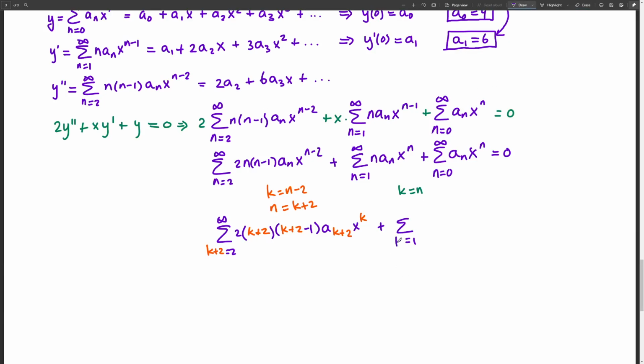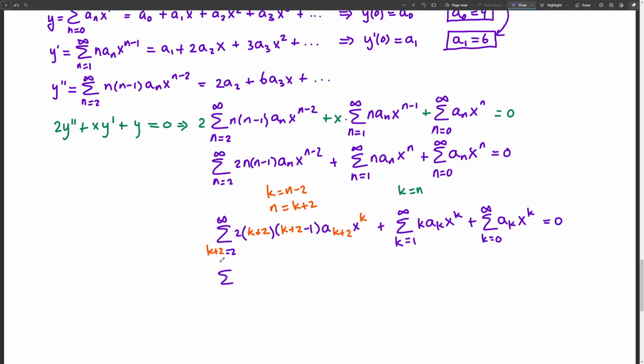So I can just write the sum from k equals 1 to infinity of k times a sub k x to the power k plus summation k equals 0 to infinity of a sub k x to the power k, and that equals 0. So let's clear this up a little bit.